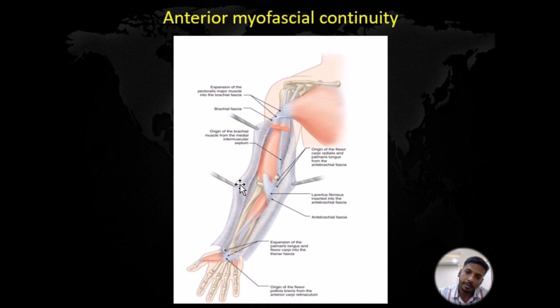We have seen the link between the biceps and the brachial fascia, the link between the brachial and the antebrachial fascia, and the link between the thenar and the flexor retinaculum, which is the thickening of the antebrachial fascia. Thus all these muscles and fascia form a continuous link of the upper quarter, connecting the different segments and forming an anterior myofascial continuum.